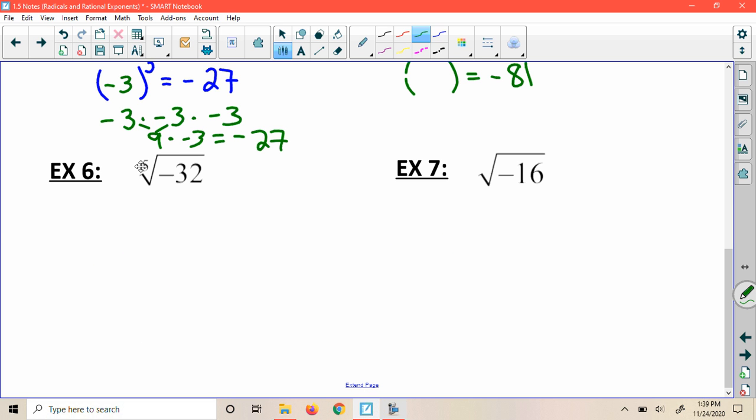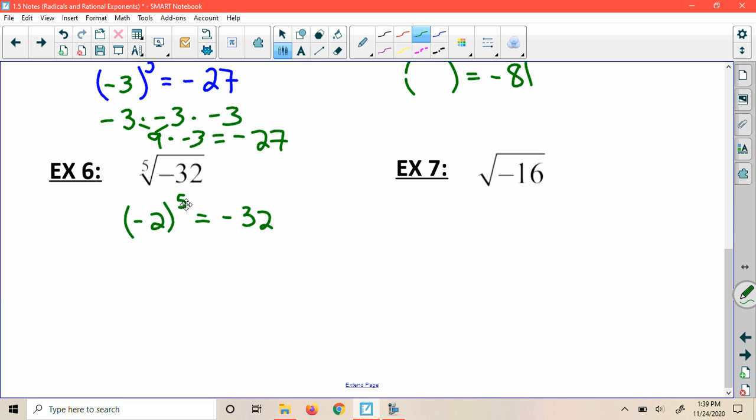Example 5, the fifth root of negative 32. So is there something to the fifth power that will end up equaling negative 32? Go ahead and pause the video, try it out. We've already done similar things, but when you're ready, unpause it. And it seemed like most of the kids in class came up pretty easily with negative 2.